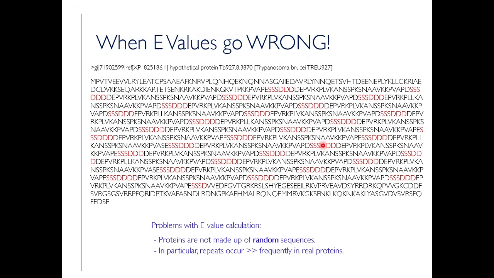So it's not a random sequence at all. It's repeated for reasons in terms of biochemistry and how reactions work. But it's repeated, and therefore that's going to affect your e-value score. So real proteins like this have many, many repeats.